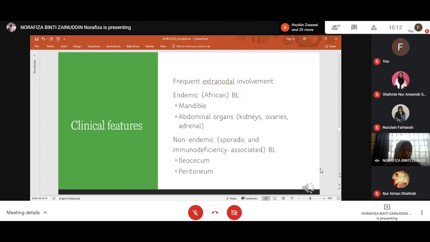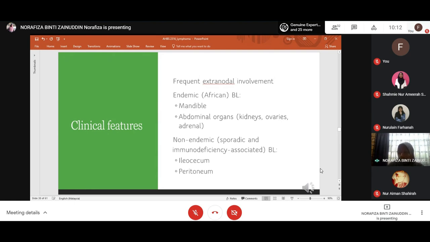The types more commonly seen in the US are the sporadic and immunodeficiency types, and these variants can start in the ovaries, testes, and other organs. Other symptoms include loss of appetite, weight loss, fatigue, night sweats, and unexplained fever. These are the typical B symptoms that affect other leukemia and lymphoma patients.